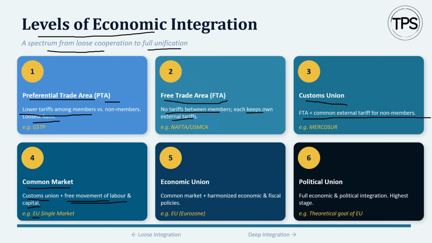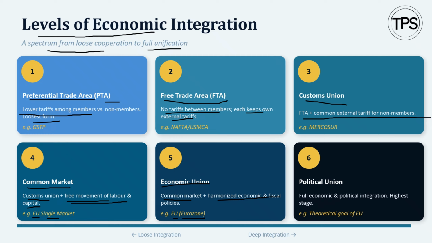The best example is the EU single market, where there is a free trade area, a common external tariff for non-members, and free movement of labor and capital as well. Then comes the economic union: a common market plus harmonized economic and fiscal policies, like the Eurozone, a zone made for European countries.